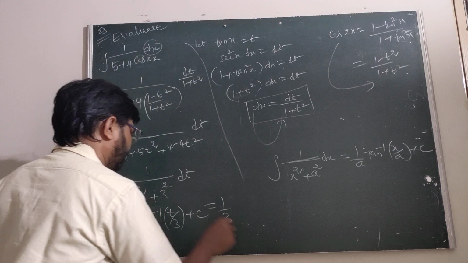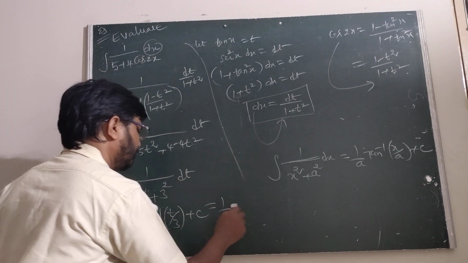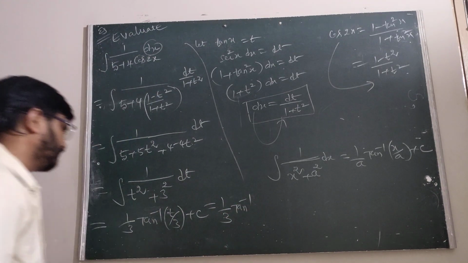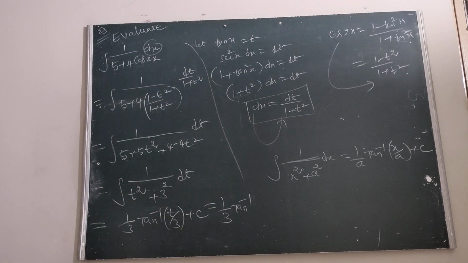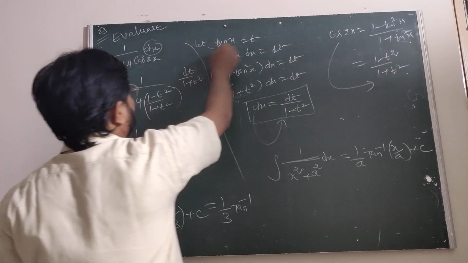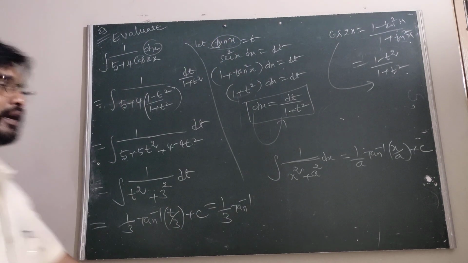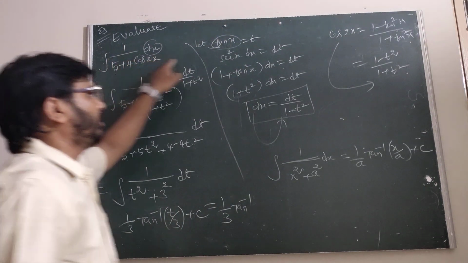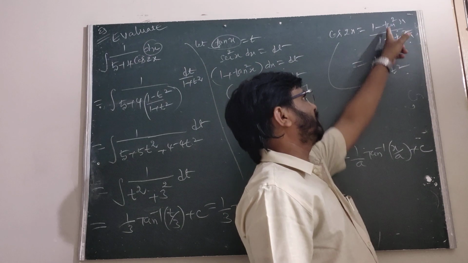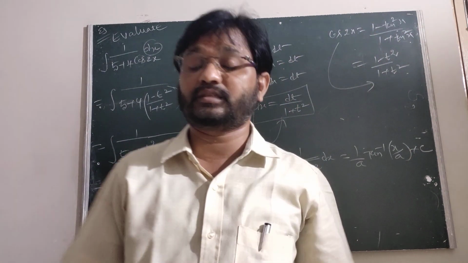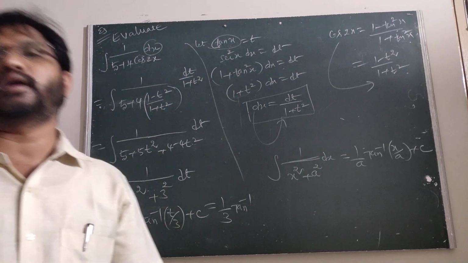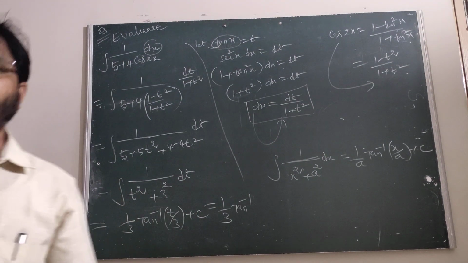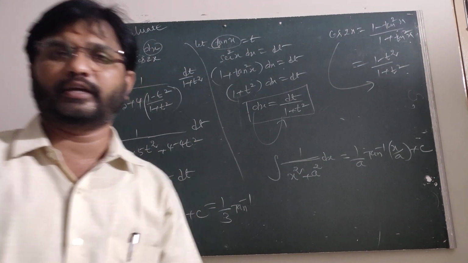Therefore now we can write 1 by 3 tan inverse of t by 3. What is t here? We are taking tan x as t. Already I explained that cos 2x is of the form 1 minus tan square x by 1 plus tan square x. When cos x is there, we know that cos x is of the form 1 minus tan square x by 2 by 1 plus tan square x by 2.